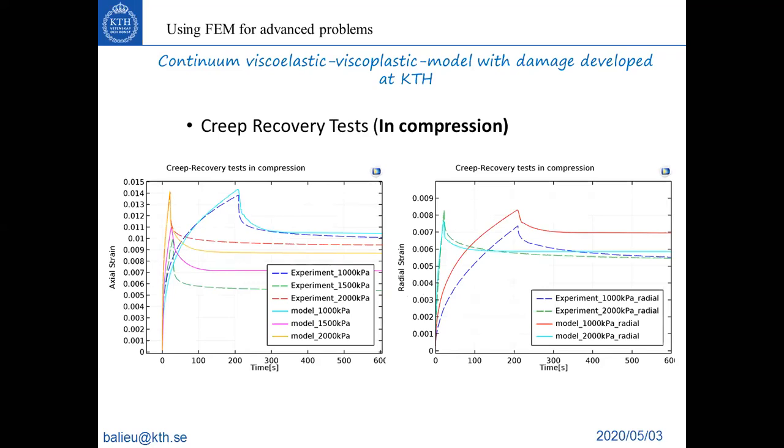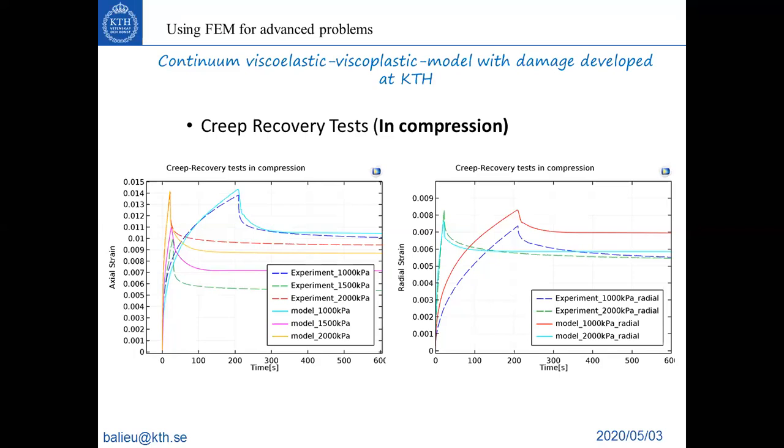Here are different results in terms of comparison between our model and some experiments. We can see that we are able to capture these creep recovery tests. So we load the test and afterwards we unload the test. It's a kind of advanced test, which is good to characterize the loading and unloading process, cyclic loading.